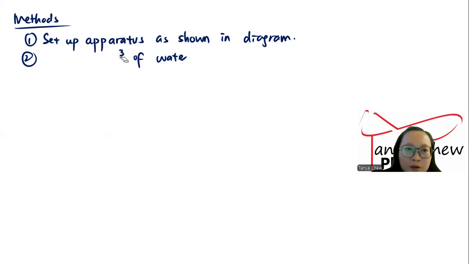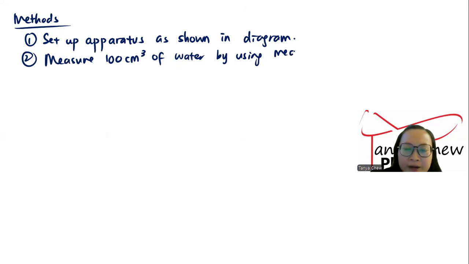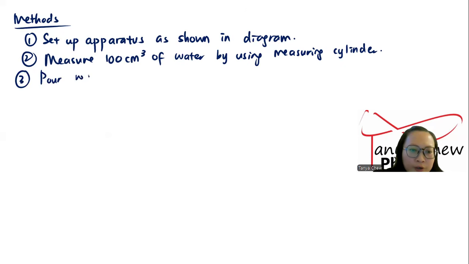Sometimes you have to plan your experiment, okay? Not easy to plan, okay? Measure 100 cm3 of water by using measuring cylinder and then pour water into beaker.